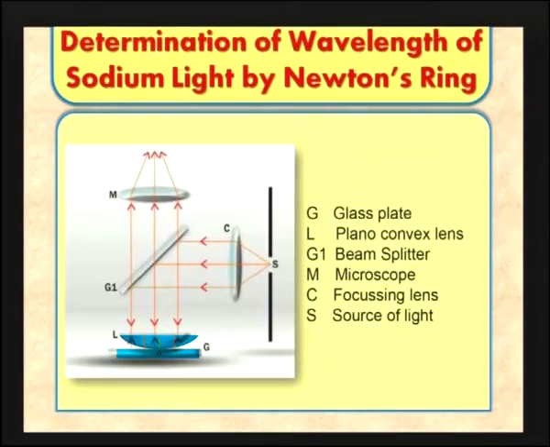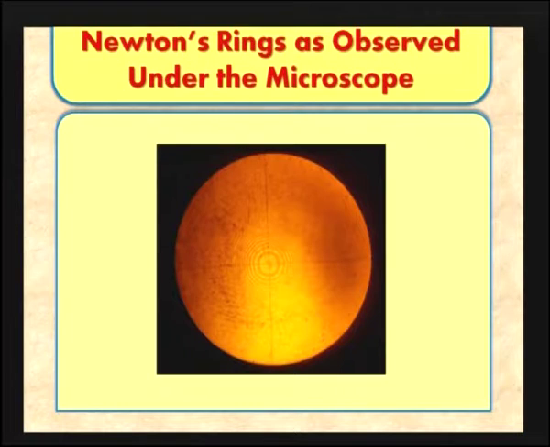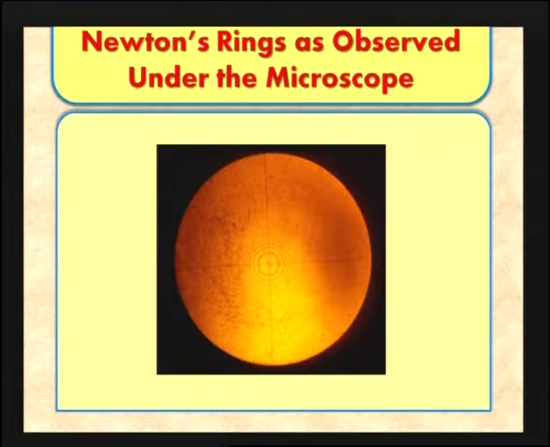Now we are going to see what is going to happen in the case of a convex lens when it is kept on a plain glass plate. You get rings which go by the name Newton's rings. These are the rings you will be observing when you place a convex lens on a glass plate. You illuminate the air gap by means of a sodium vapor lamp, then you will be getting beautiful rings here.